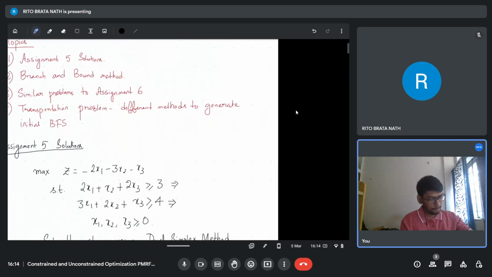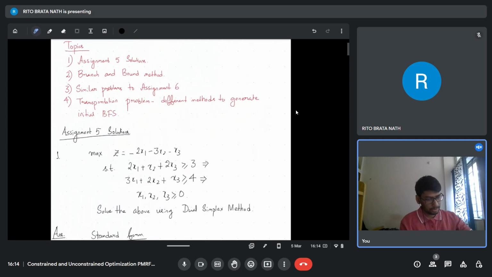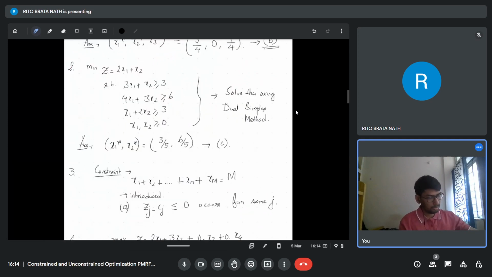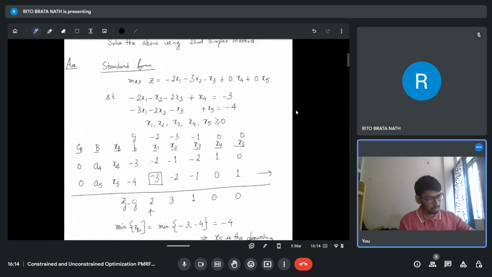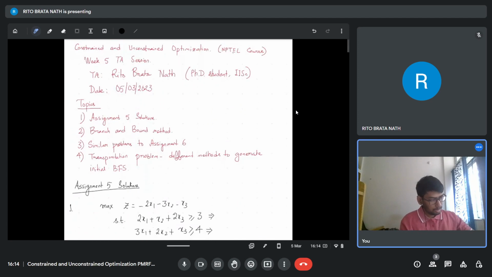There is some issue, I think. My mouse pointer is not moving. Okay, I'm unable to edit it for some reason.